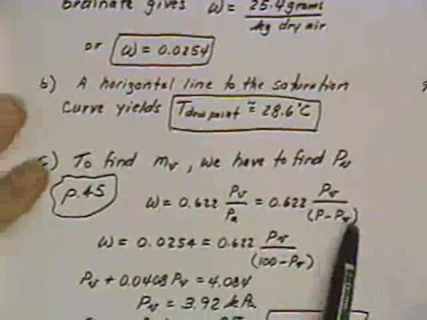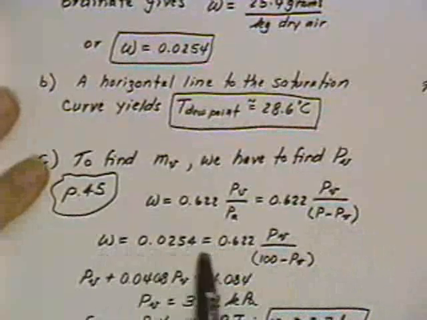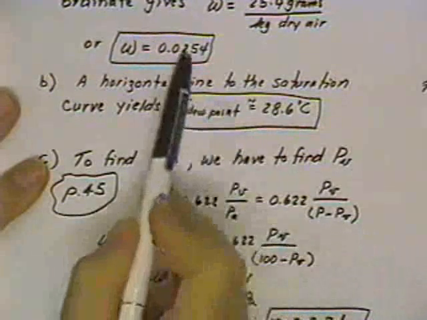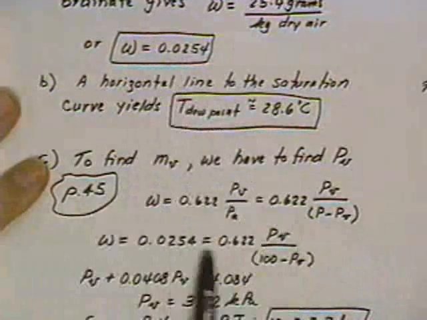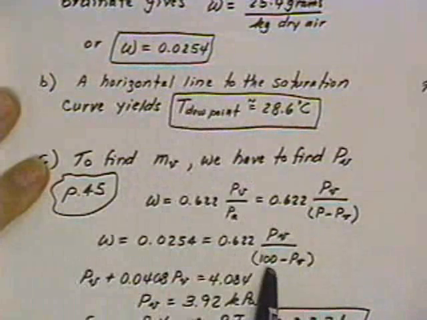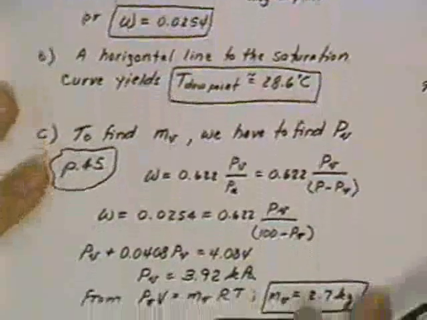And so if we plug into this equation here for omega, we know that omega is 0.0254. We just found this out off the psych chart up here. So omega is 0.0254, that's 0.622 times the pressure of the vapor over the pressure that we've got, which is 100 kilopascals minus the pressure of the vapor.